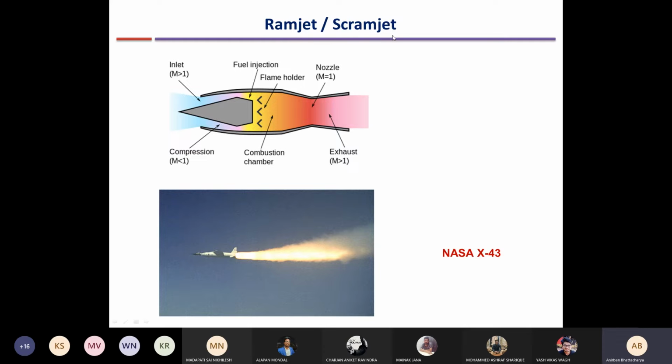One engine which is quite popular is the ramjet engine. They have been used from 1960 onwards for cruise missiles, where there are no passengers, so there is no issue with passenger comfort. You need very high speed, and you need a very simple device to go to a very high speed. So it is ideally suited for high speed missiles.